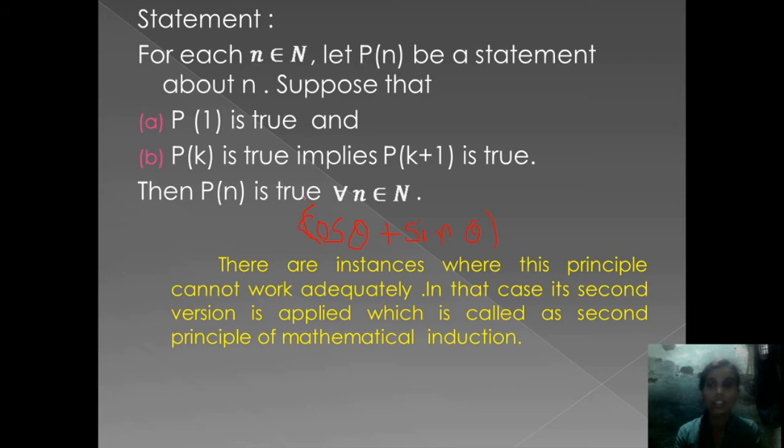This equals cos n theta + i sin n theta. So in proving De Moivre's theorem, we assume the same condition, that this is true for n equals 1, then we assume this is true for n equals k, and we prove this for n plus 1. Okay, if this is satisfied, then P(n), that is this condition, is satisfied for all n.